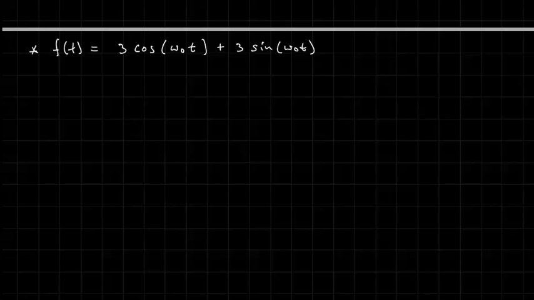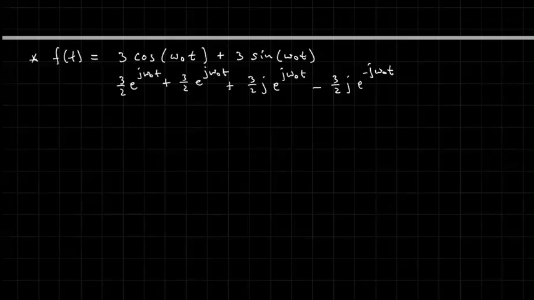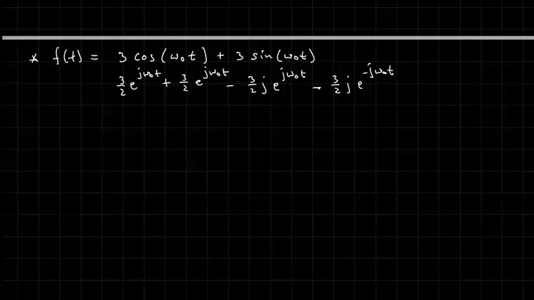So we'll have 3 halves e to the j omega naught t plus 3 halves e to the minus j omega naught t, plus 3 halves j e to the j omega naught t, and then minus 3 halves j e to the minus j omega naught t. Well, I think I got the sign wrong on that.